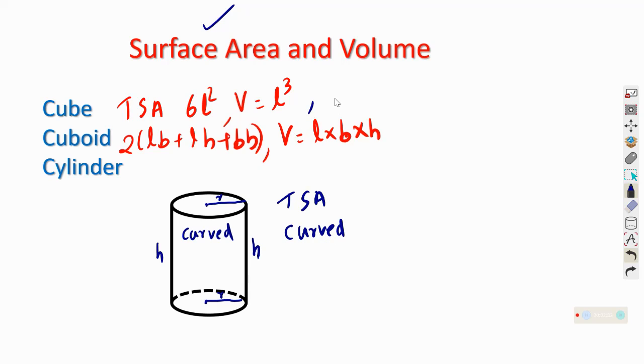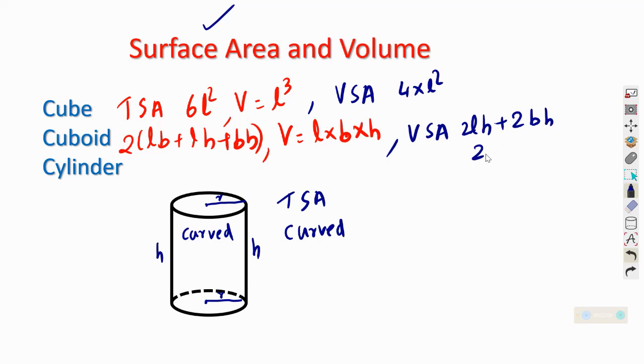Here I said about vertical surface area, where it was 4 into L square, right? Here also it can be calculated as vertical surface area. You will only consider the vertical part of a cuboid, where you will have 2L, and you will consider LH 2 times and BH 2 times.